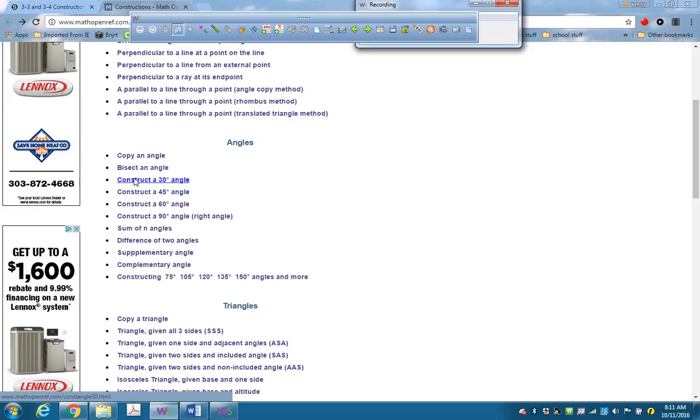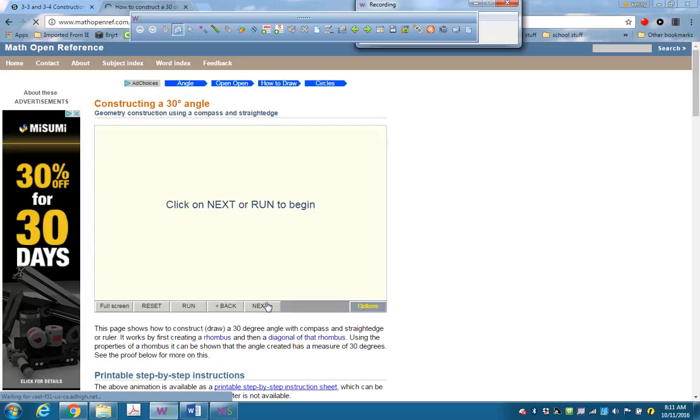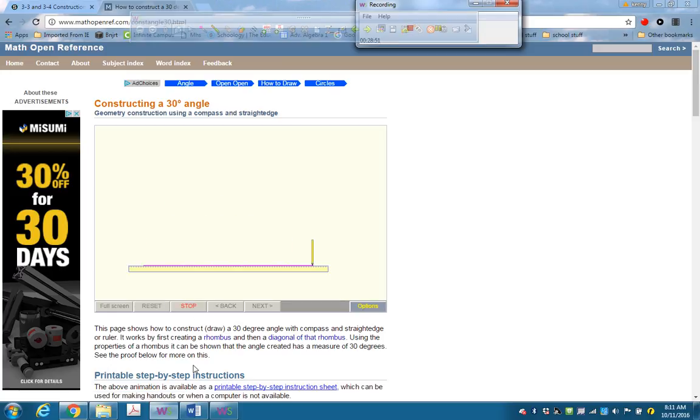So going back, let me just see how they do. Construct a 30-degree angle. Okay, so you can watch these videos. Let's just run the whole thing without me touching it. So they start by drawing a segment. Then they stretch their compass. Oh, what they do, they made this arc here.